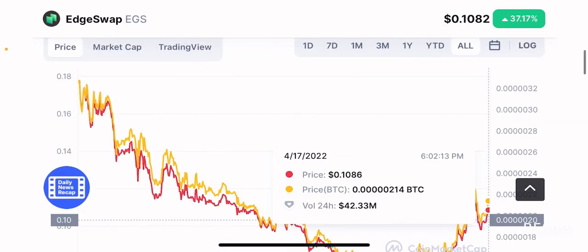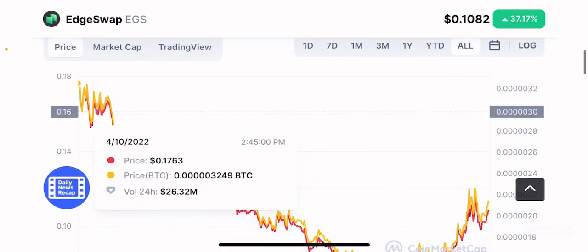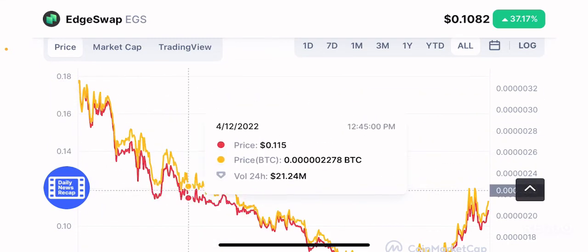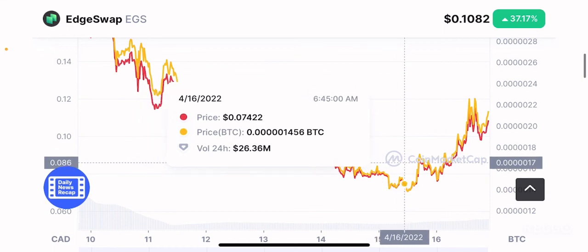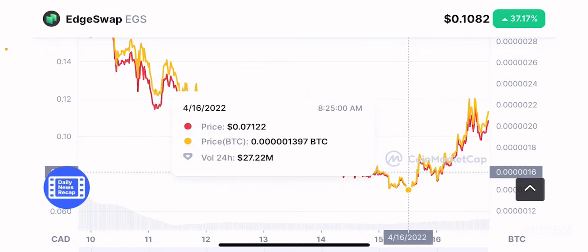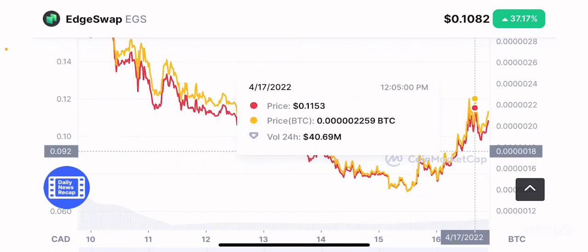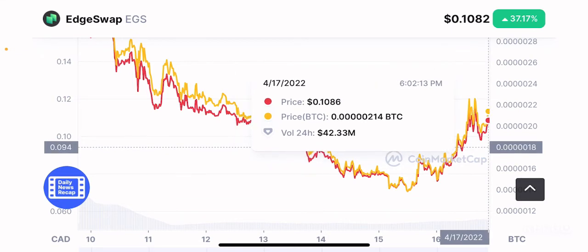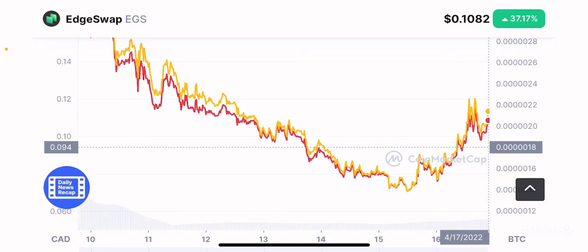When it comes to the Bitcoin price comparative, if you see, the price of this token was 32 satoshis per token, but then it gradually declined to a price of about 13 satoshis per token, and then recently it went back to about 22 satoshis per token before crashing down, and now it's at 21 satoshis per token. I would not recommend you buy this token at any price above the 15 to 17 satoshis mark.